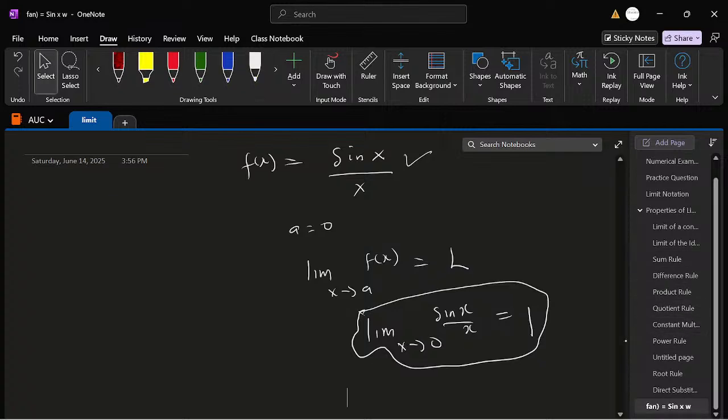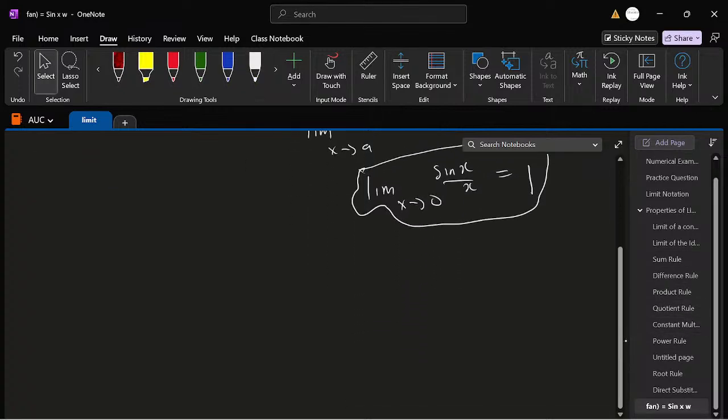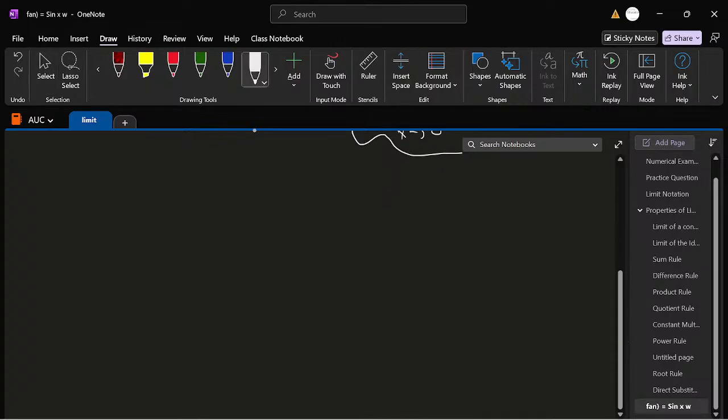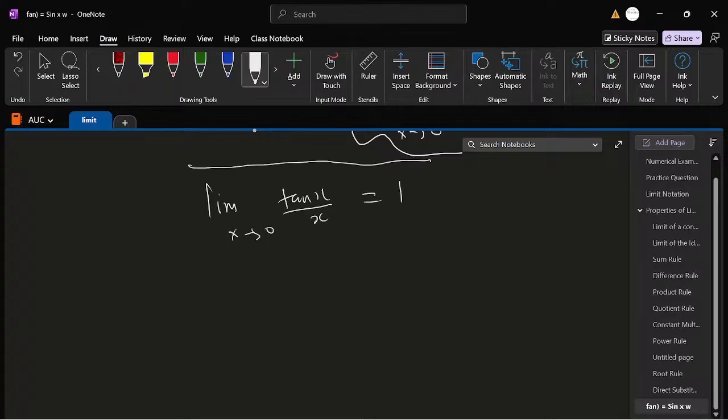We can scroll down and look into another one, still under trigonometry. I think we can look into two more examples. The same thing, if you have the limit as x approaches 0 again of tan x over x, the answer will also be equal to 1. Please take note of this.